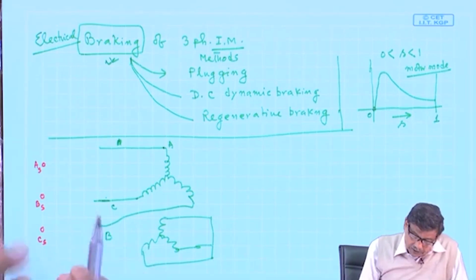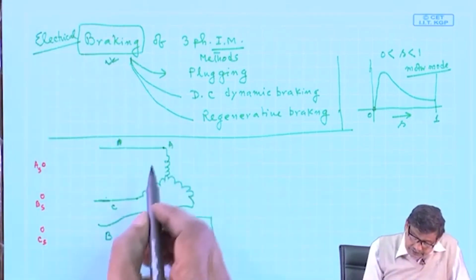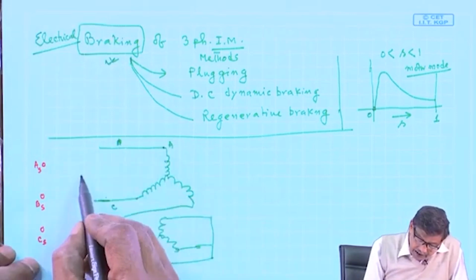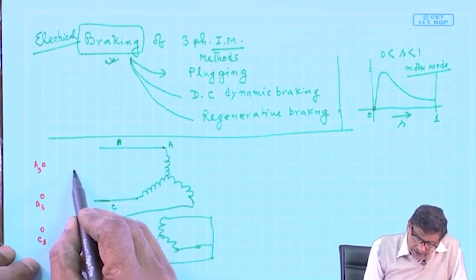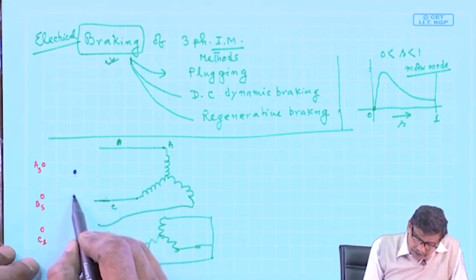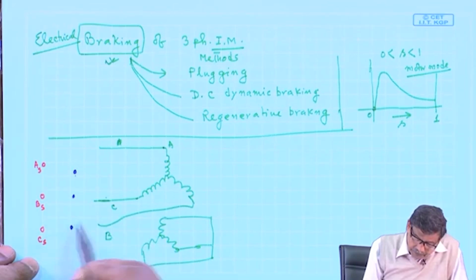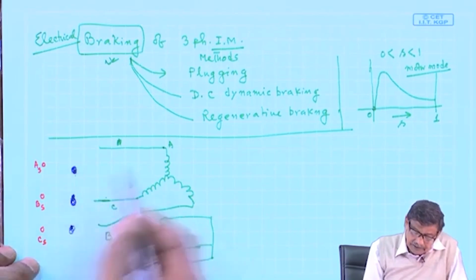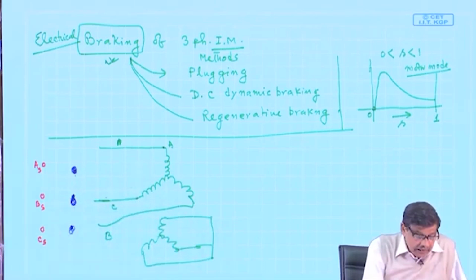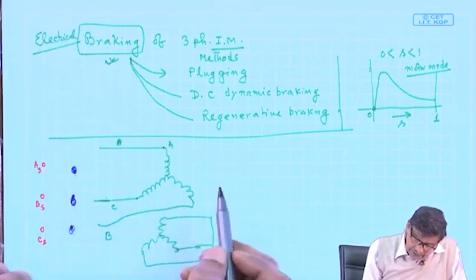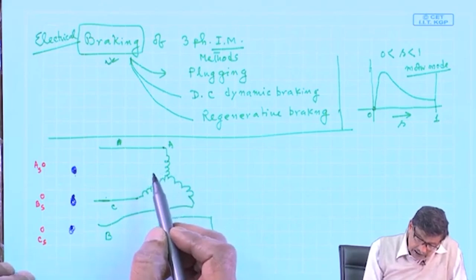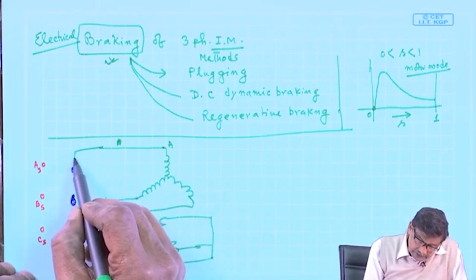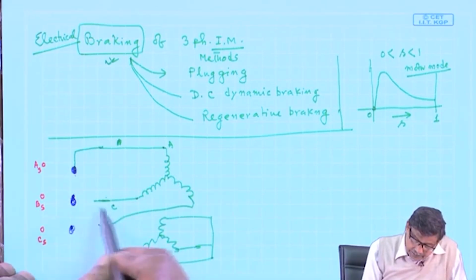What I do here is, for this supply A, I take a triple pole double throw switch and bring it here. This is A, machine terminals I bring here.